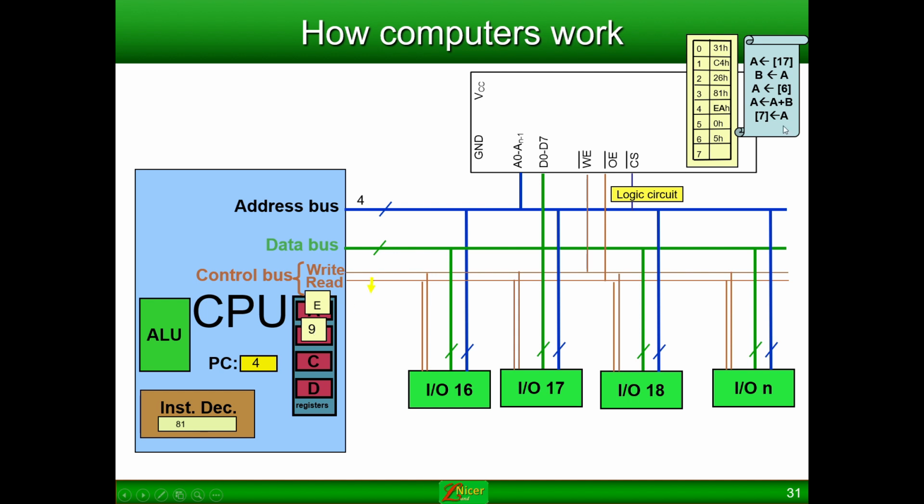Next instruction given is that A is given to address number 7. We can see here that 7 is empty. So the result of A plus B that is stored in A is then given to 7 to store.